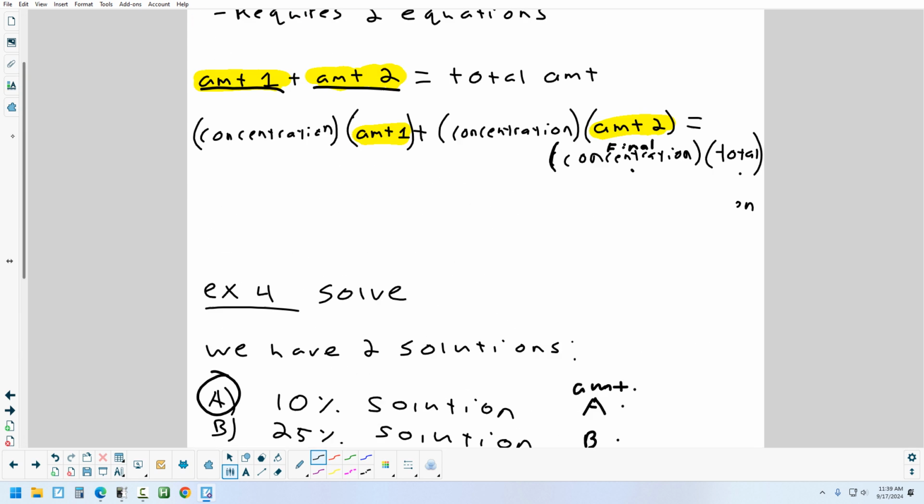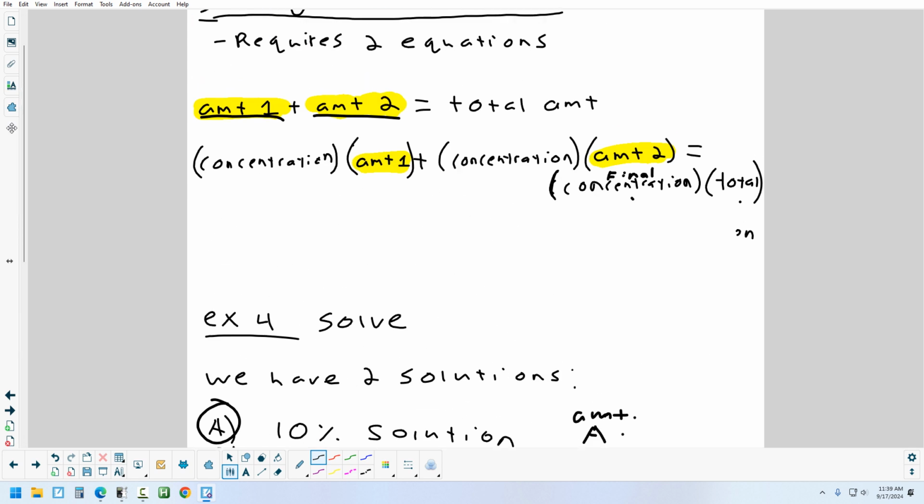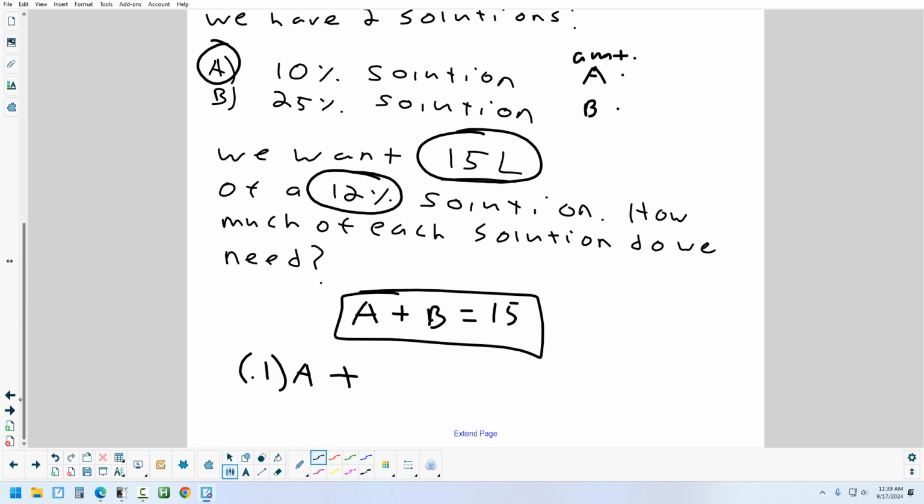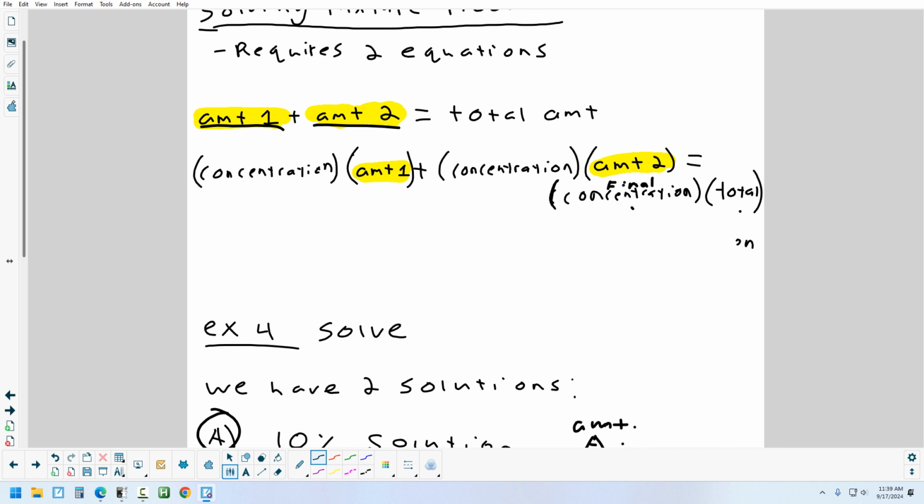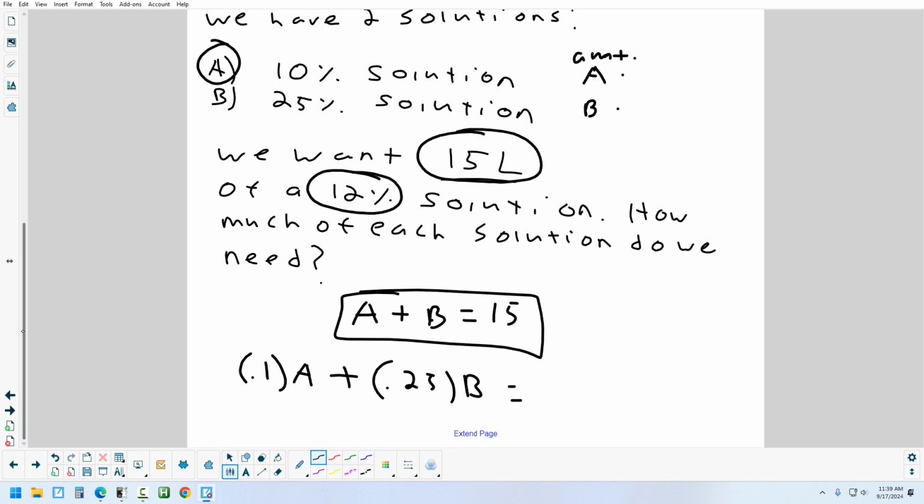Plus concentration times amount again. What's the concentration of the second solution? Yep, 0.25 times B equals the final concentration times the total.